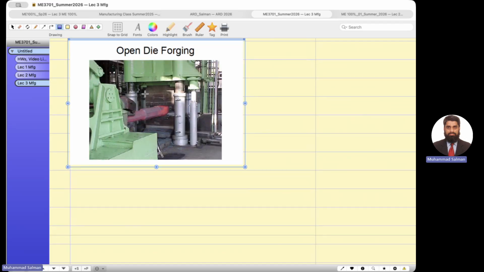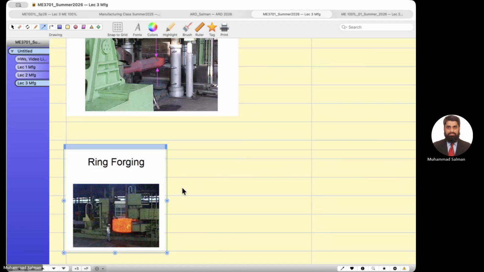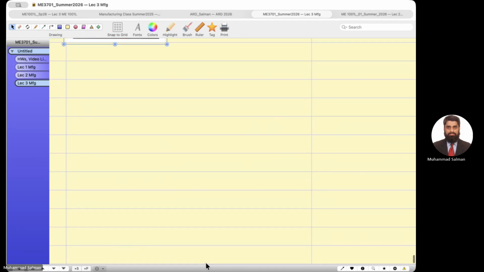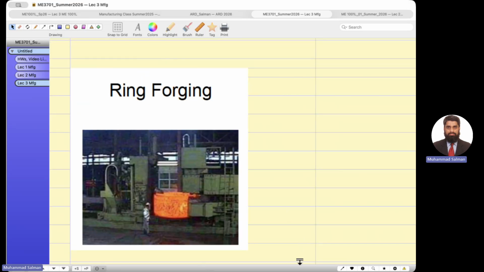This is an example of open die forging. This is our hammer forging force, and this is our platen, the bottom platen, and it reduces the height of the forging. Some forging materials are ring forgings. What is ring forging? Using this ring forging process, you make a ring with a forging force.